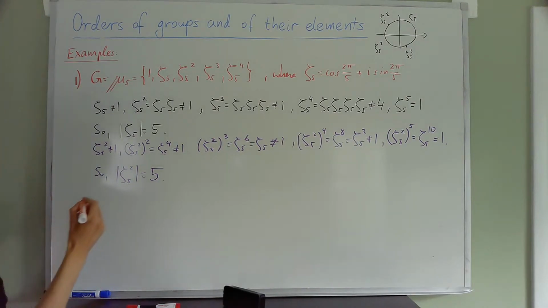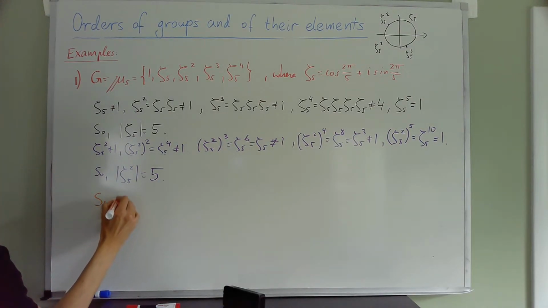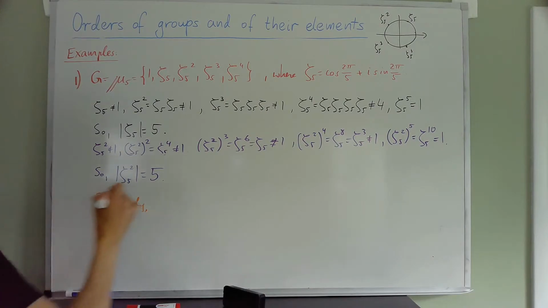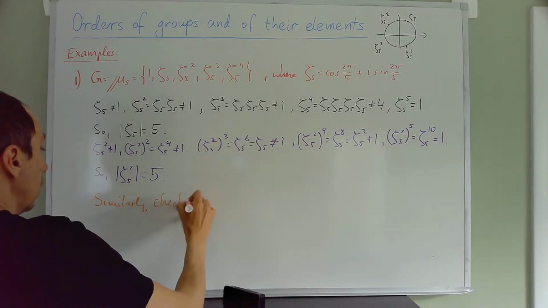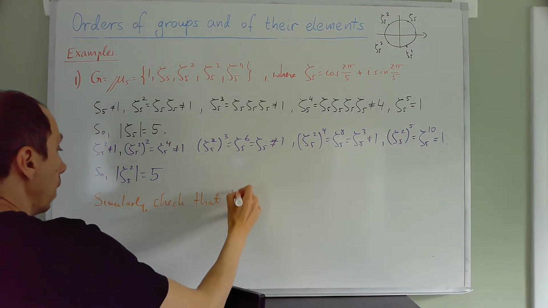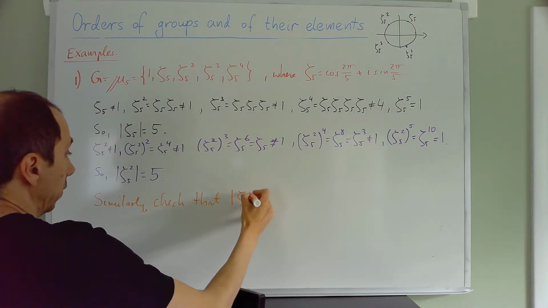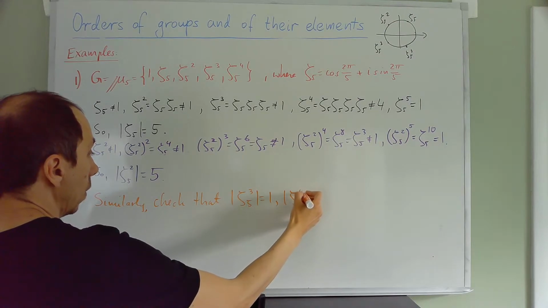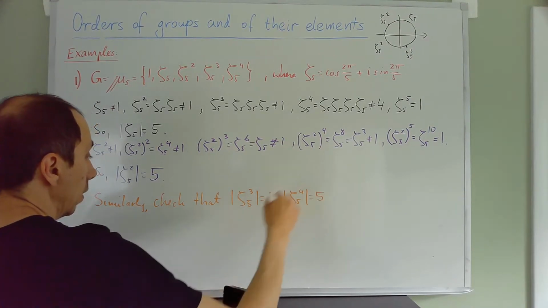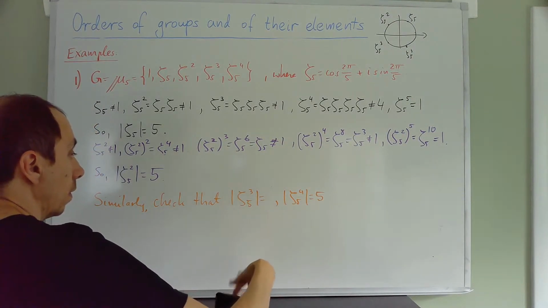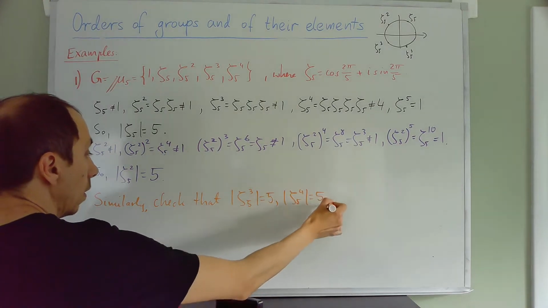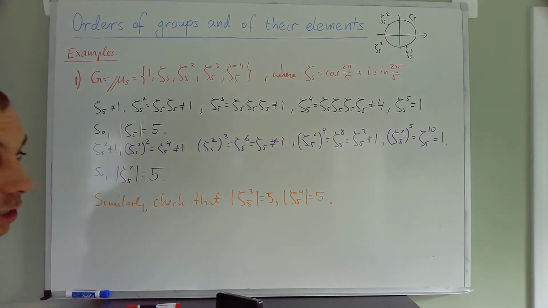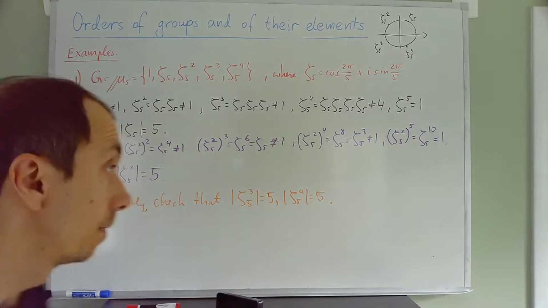Similarly, I'm not going to do the calculation. Similarly, check that the order of zeta 5 cubed is also, sorry, 5. What haven't I checked? I haven't checked the identity.